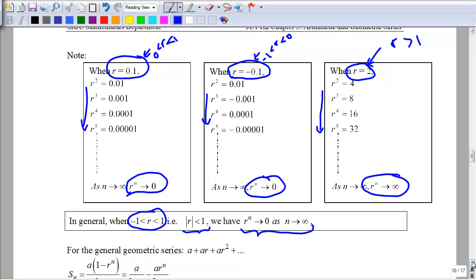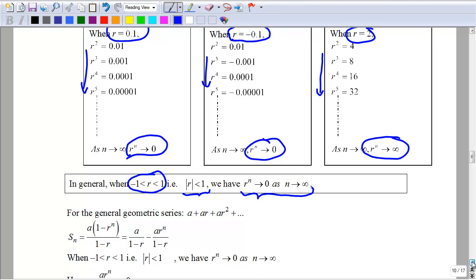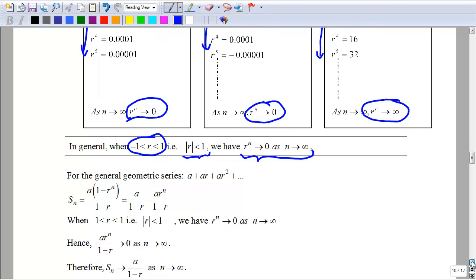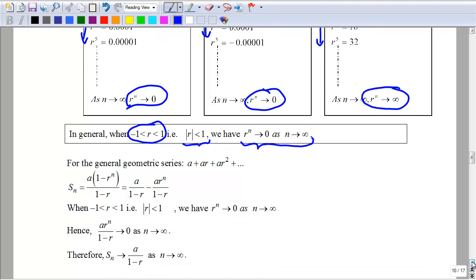Because of this, when we look at our sum to n terms, which can be simplified to a over 1 minus r minus ar to the power n over 1 minus r, when we multiply a in, we will get this.